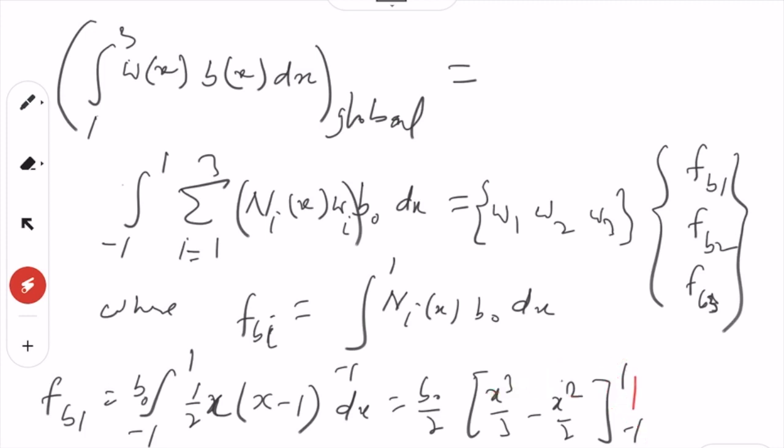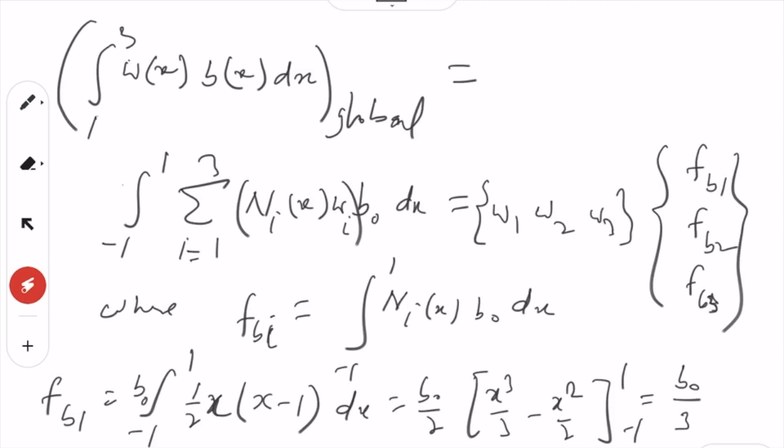So 2 times 2 over 6 is simply B naught over 3. Why 3? Because this integral from minus 1 to 1 gives 2, so the 2 and 2 cancel out, so we have B naught over 3.